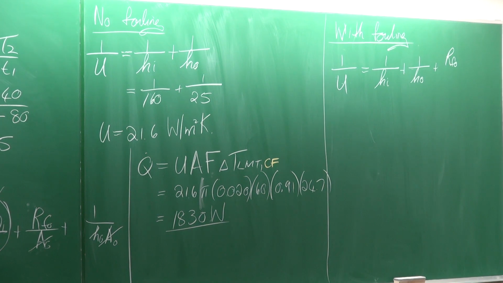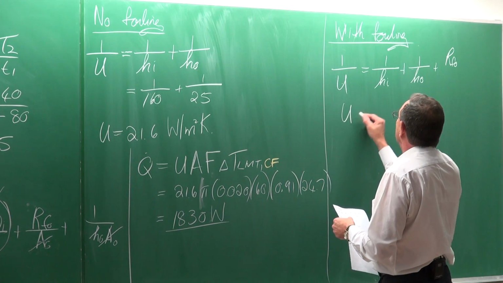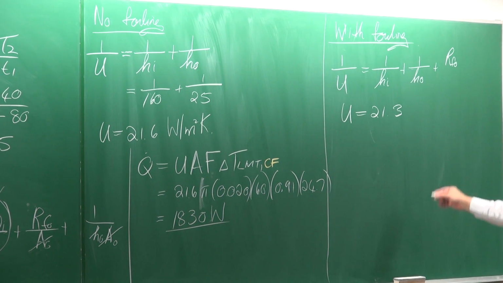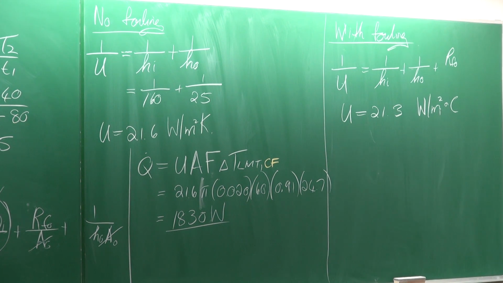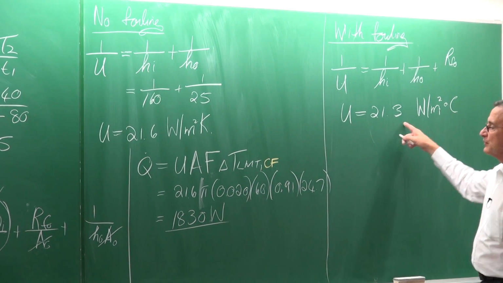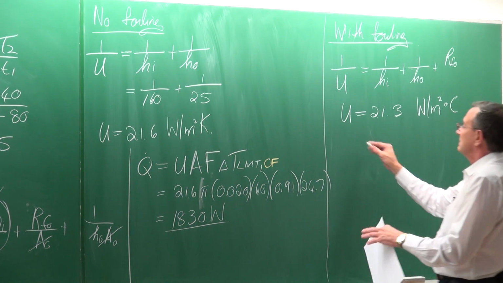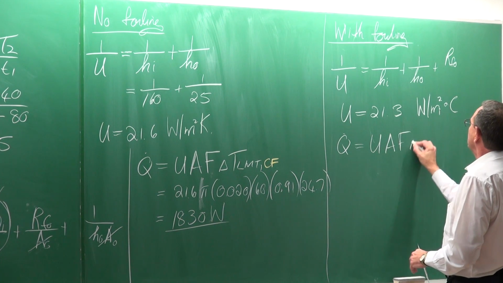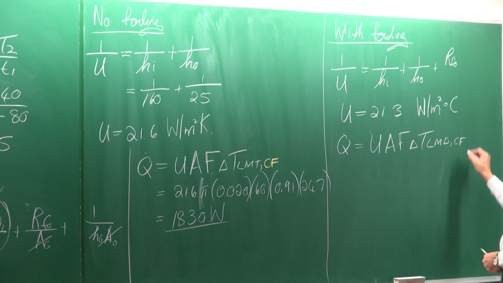Okay, now in this case, the overall heat transfer coefficient is going to decrease. It cannot increase. If it increases, it will enhance the heat transfer, so it needs to decrease. So you can see it is not significant. Maybe the fouling just started, and you can go and redo the calculation. UAF multiplied by LMTD, as if it's a counterflow.